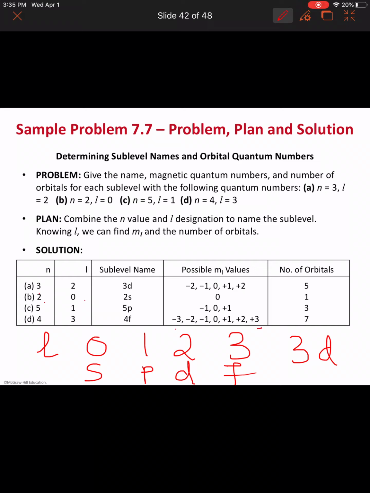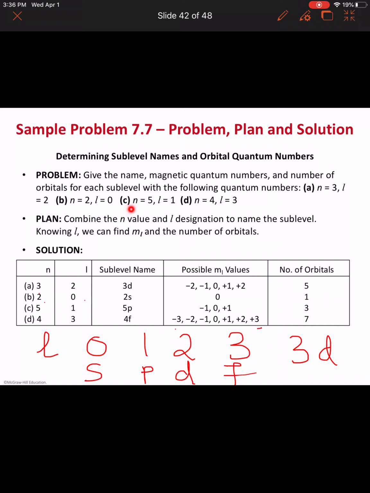Okay. And then the second one, n equals 2, L equals 0. When n equals 2, that's the principal quantum number, and when L equals 0, that tells you it is an s orbital. So the sublevel is going to be 2s. The possible ML values are based on the L value: minus L to plus L, it has only one value, which is 0. And the number of orbitals is going to be 1.